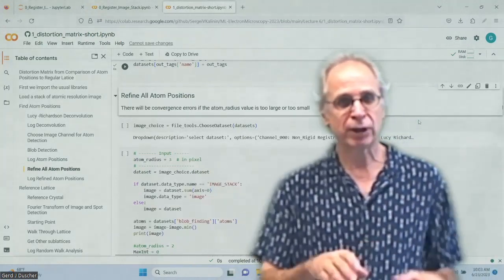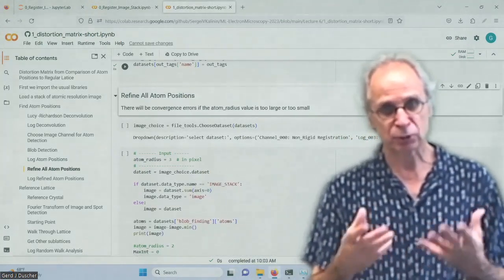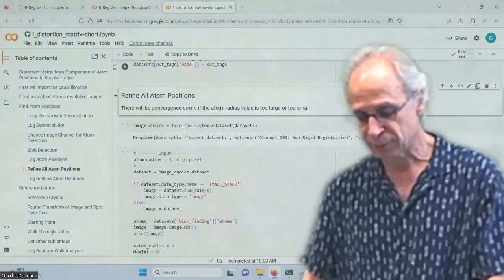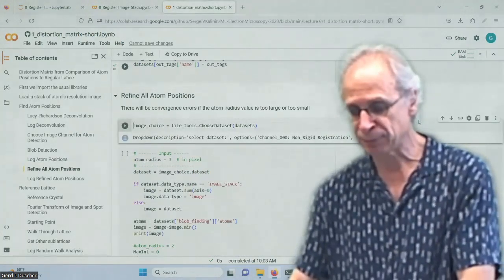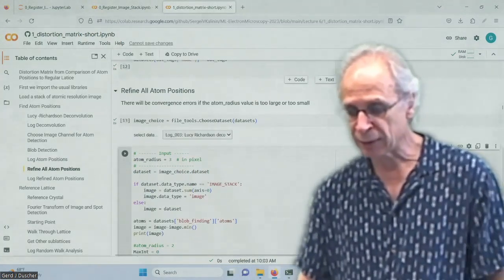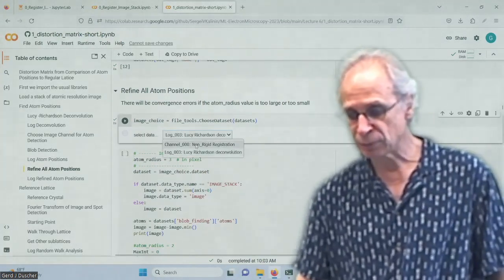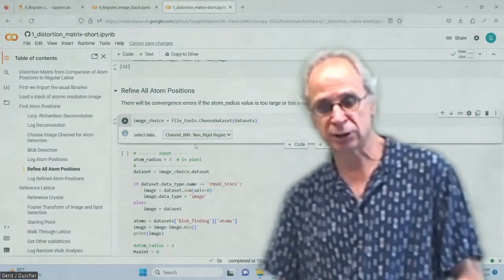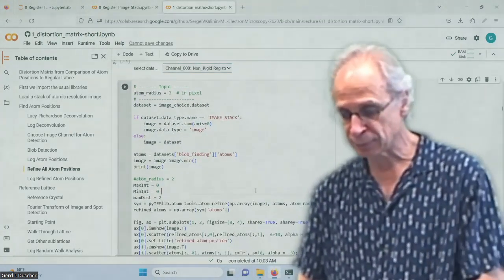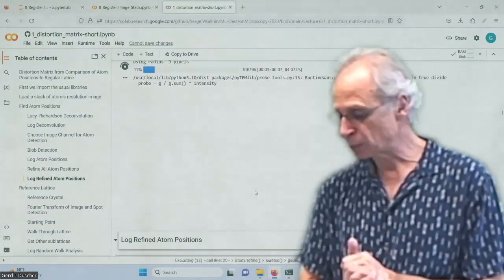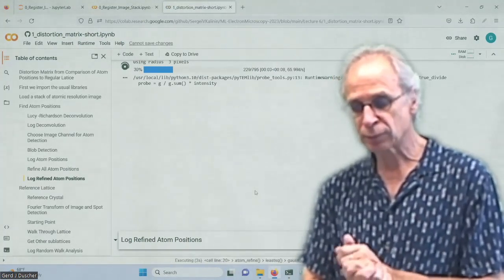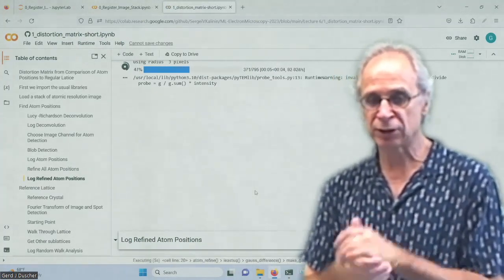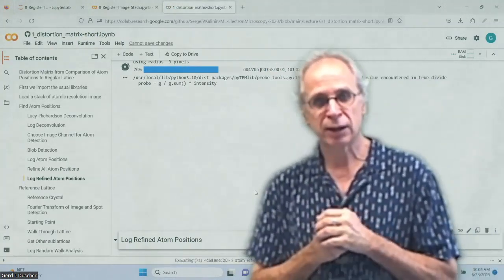And because we want sub-pixel accuracy, what we want to do now is fit an atom in there. And we want to do that on the non-rigid registered data set. So we fit a Gaussian into each of these atoms.